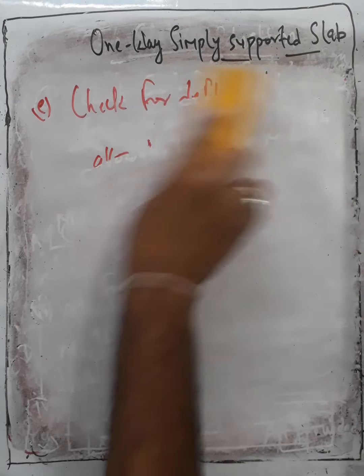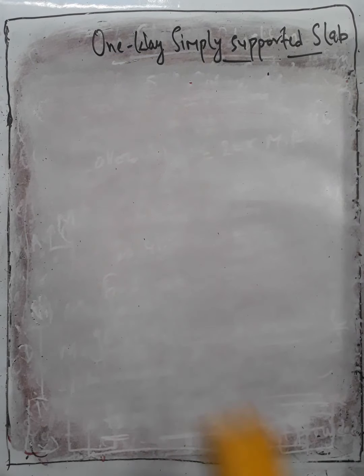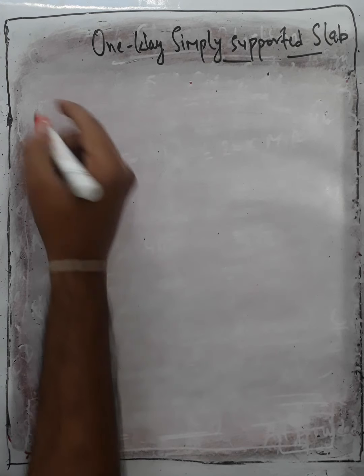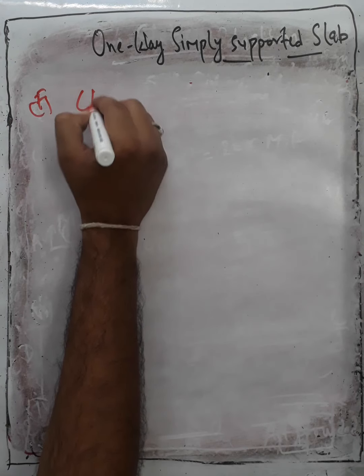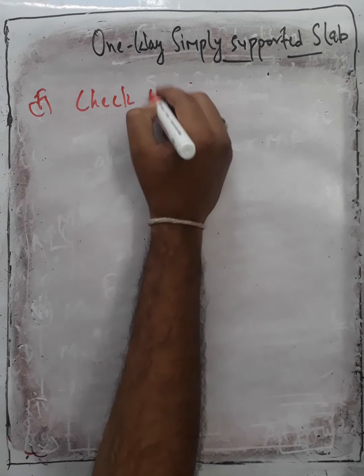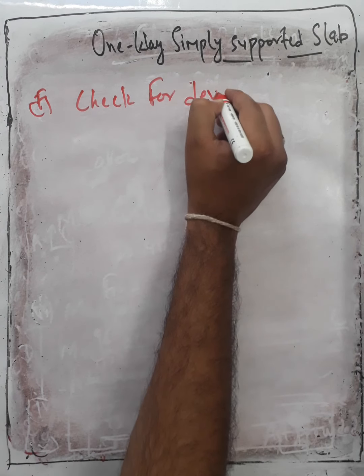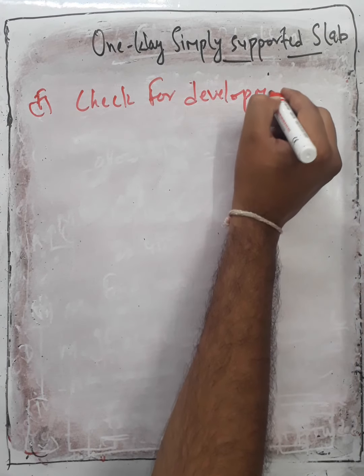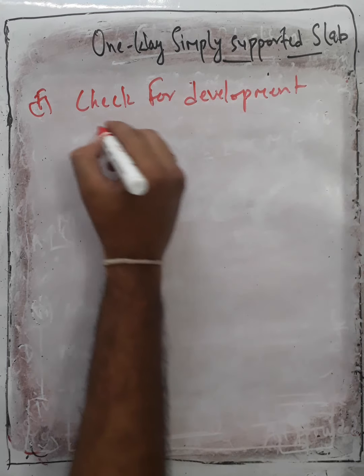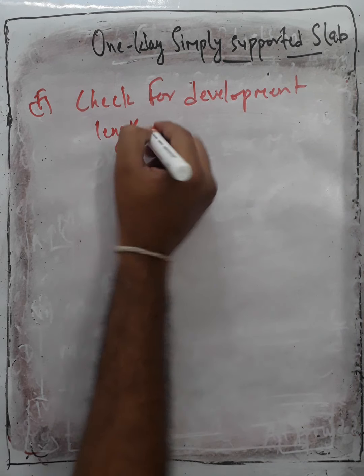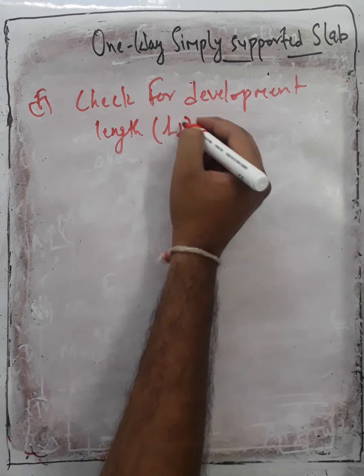Now check for development length. Last one is the check for development length, in bracket we call LD.